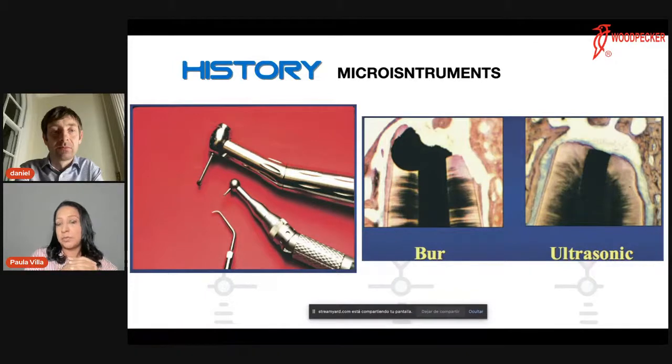That's why we need to perform the apicoectomy, and then prepare the apical cavity and fill it. Before, we only had burs to perform that cavity, and it was very difficult to stay centered inside the canal. Now, with micro instruments and ultrasonic tips, we can really stay inside the canal, and clean and shape the apical part of the canal.